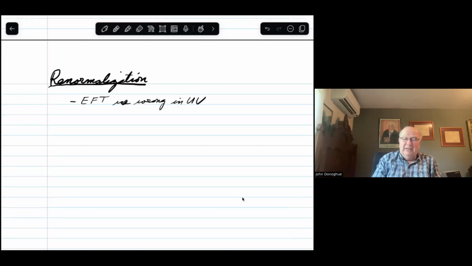And so any UV physics is done incorrectly, whether it's the divergences or whether it's finite stuff, it doesn't matter. It's all incorrect at high energies. But we get saved by the fact that the UV physics is local, so it can be written as a local term.